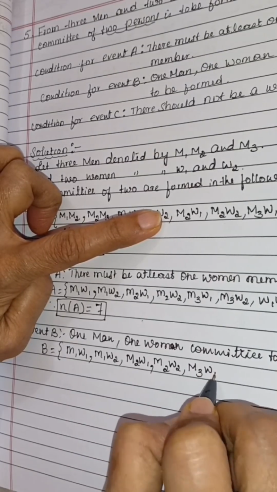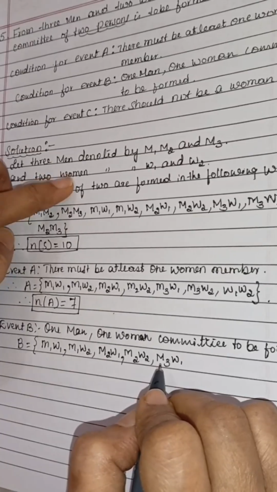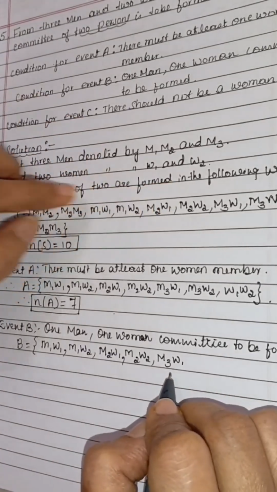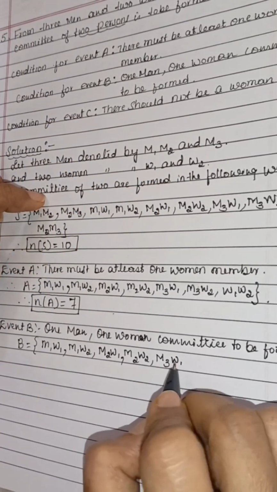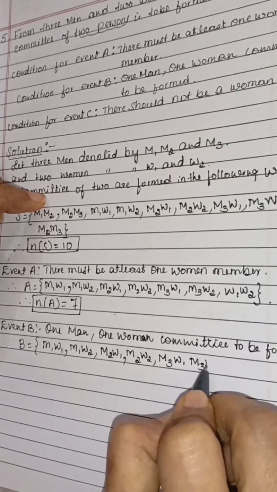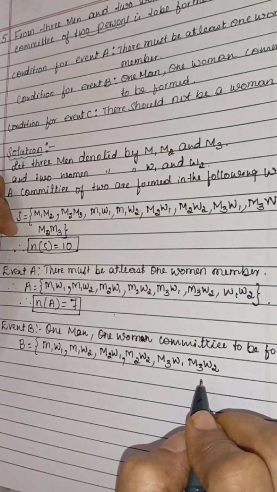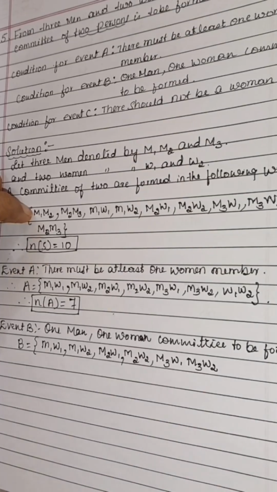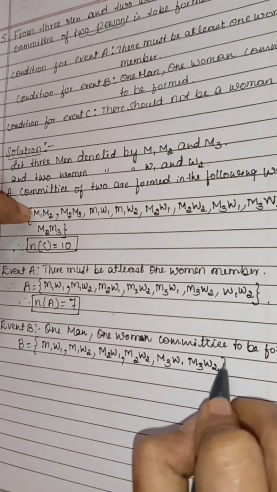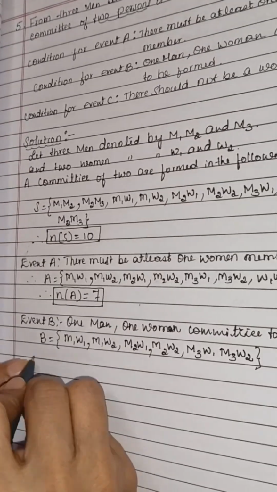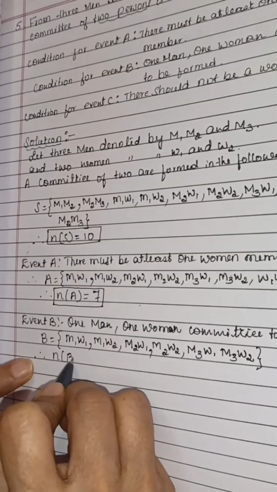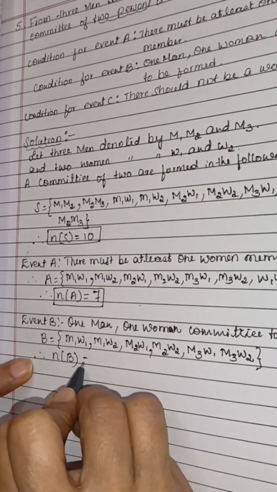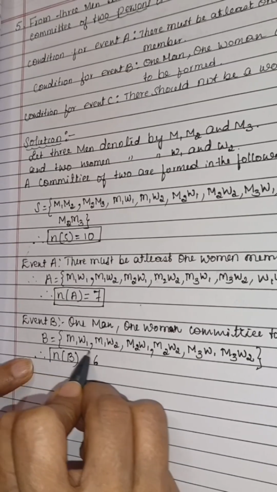M3, W1. You have to write it from the sample space. M3, W2. That's it. One man, one woman: 1, 2, 3, 4, 5, 6. Flower bracket close. Therefore, the number of elements n of B is 6.